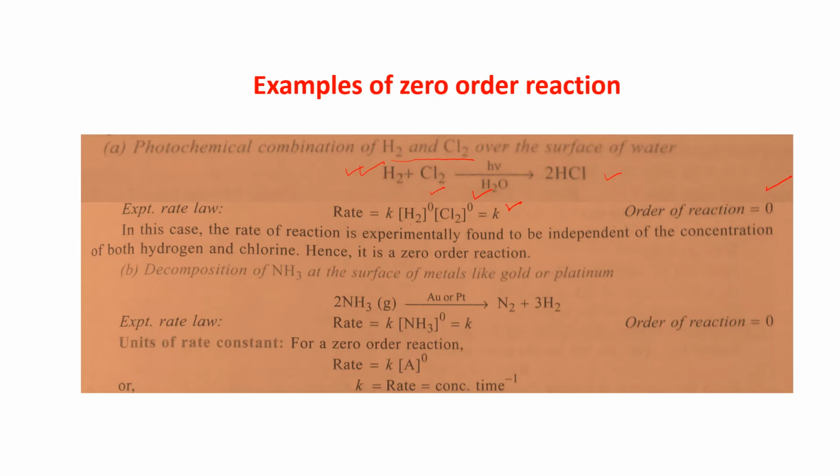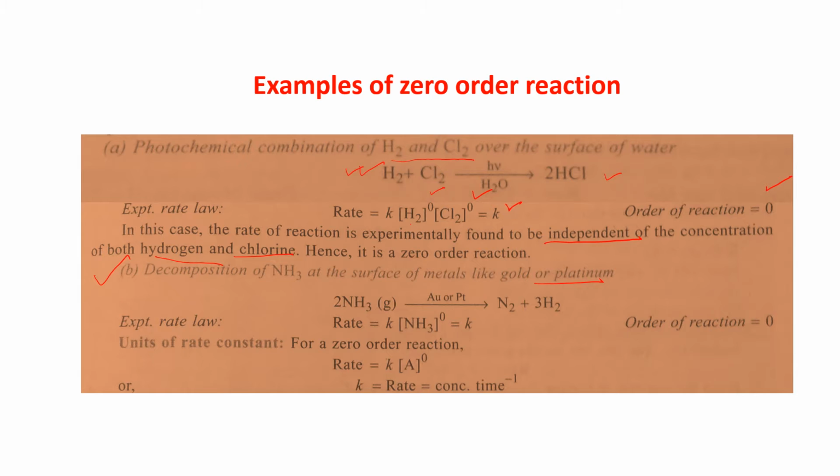Am I clear? In this case, the rate of reaction is experimentally found to be independent of the concentration of both hydrogen and chlorine. Hence, it is a zero order reaction. These are all experimentally proved, experimentally seen. Okay, next is decomposition of NH3 at the surface of a metal catalyst like gold or platinum.